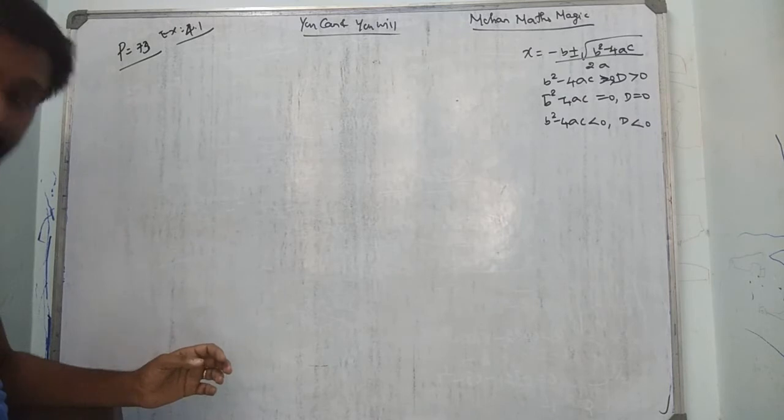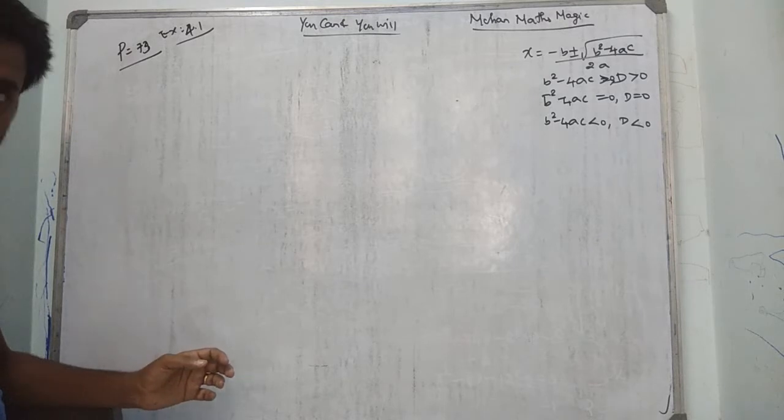Next is exercise 4.2, second sum, third sum. Just a sec. Read the question thoroughly.